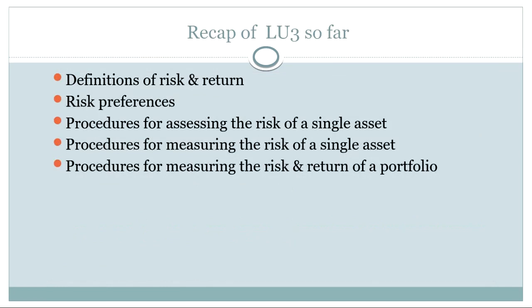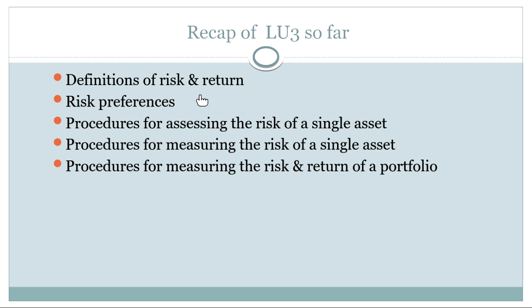So the first part of learning unit 3: definitions of risk and return. And guys, this might sound silly in third year to be learning definitions, but it really is vital that you understand, in terms of financial management, how we as financial managers are going to use the definition for risk and return.